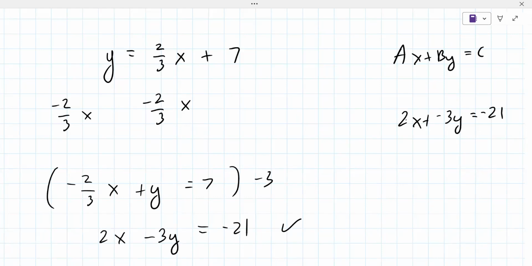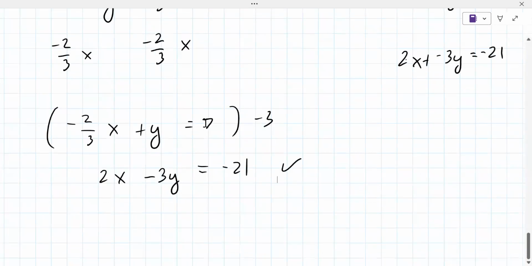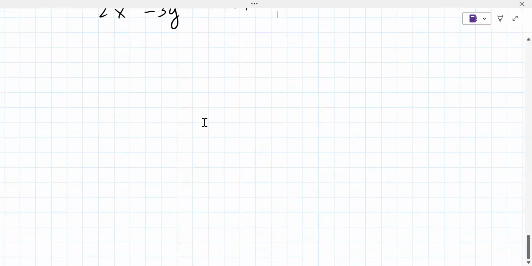So now we're going to talk about parallel and perpendicular. Okay, so do you remember how to determine if two lines are parallel? Do you remember what would cause two lines to be parallel? Next to each other, but never touching.